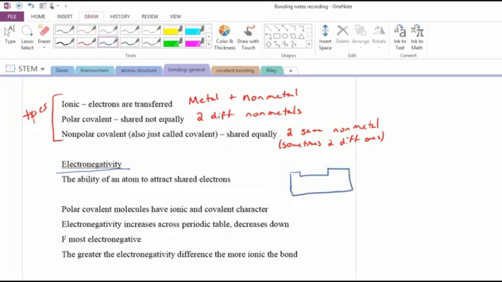Remember on the periodic table, it increased going this way and decreased going this way. So we have sort of a spectrum. We have nonpolar, polar, and ionic.